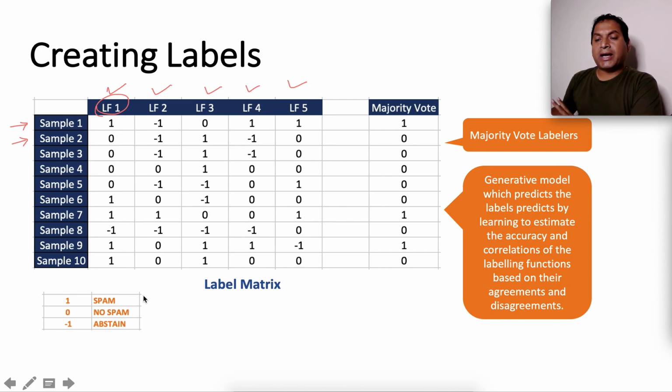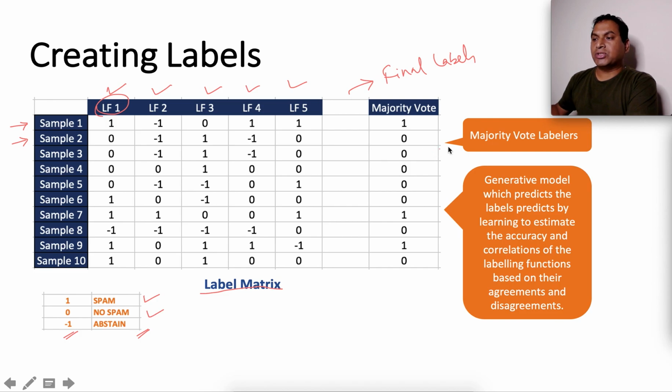The labeling functions can either label them as a spam or not a spam, or they can abstain from labeling, because if the labeling function does not find sufficient evidence to label them either way, it can say I will abstain from labeling it. And then we'll create something called a label matrix. So this is the label matrix. And from this label matrix, we can finally create the final labels.